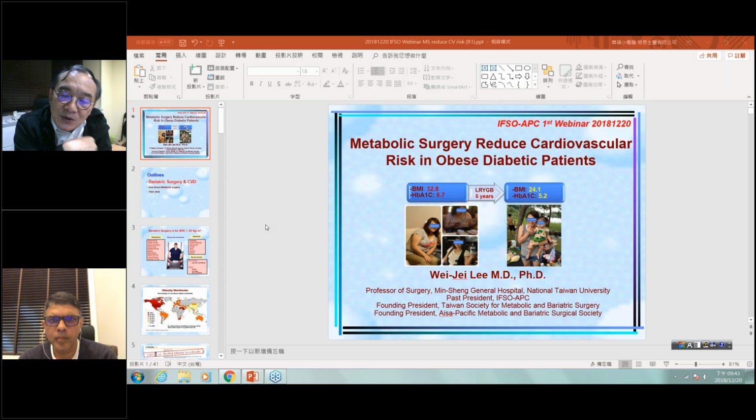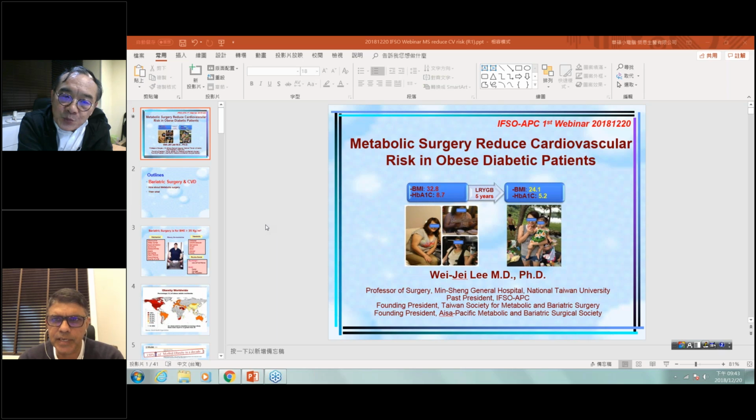So I think the most important thing is that in this region, we probably need to launch a multi-center, multi-country study to look at this specific group of patients. Yes, young onset diabetes. And personally, I recommend we can do this surgery for young onset diabetes even at a little lower BMI, but we need to do it earlier. Then we follow the patient to see the long-term outcome.